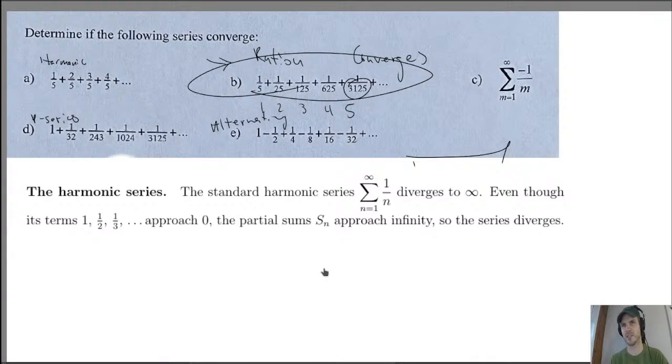And this is not even the harmonic. That's not right. Is it? No, because that's 1 over 5 to the n. Geometric.